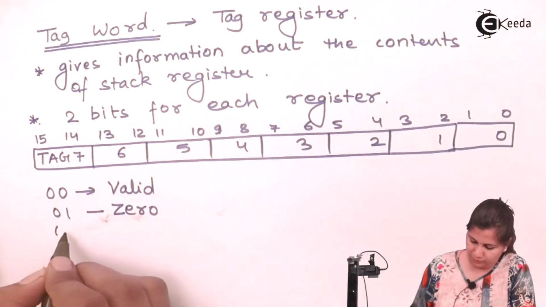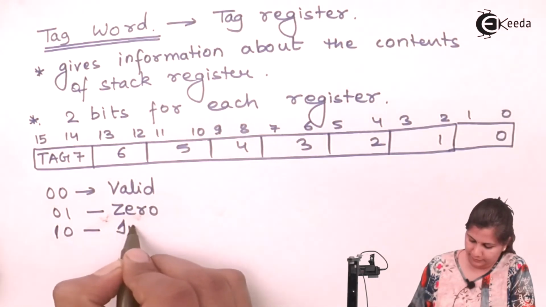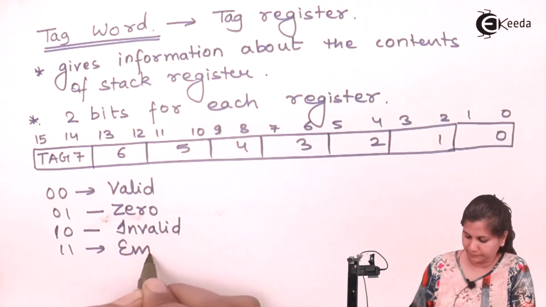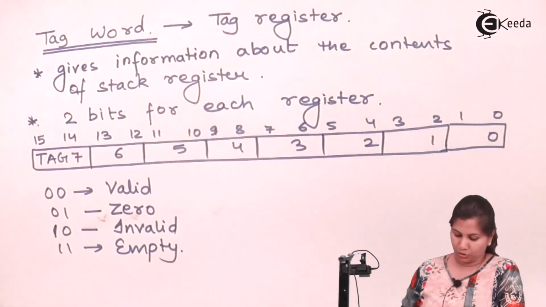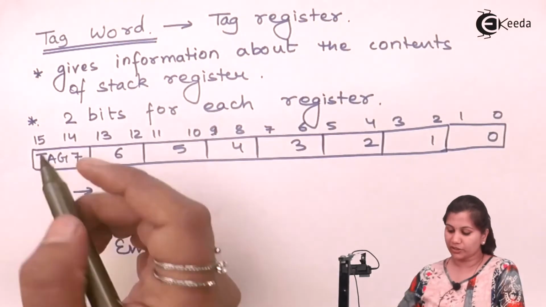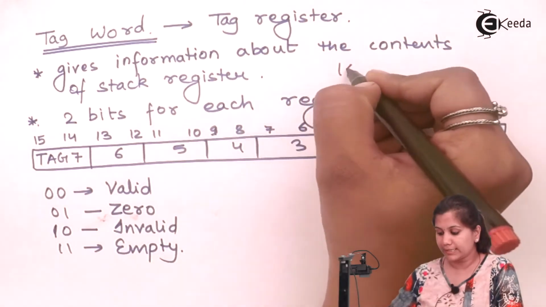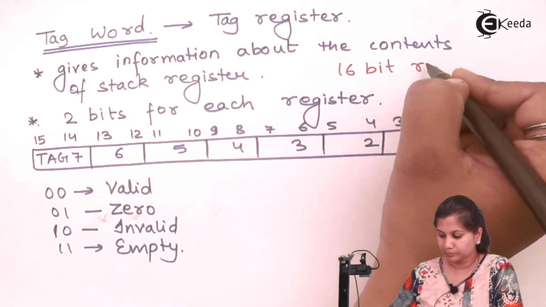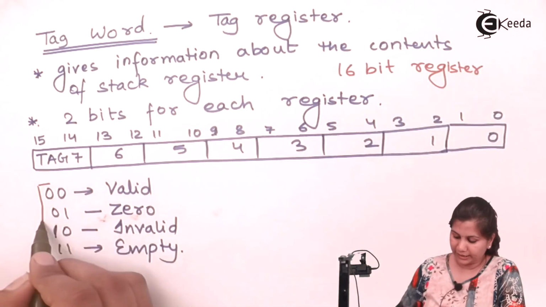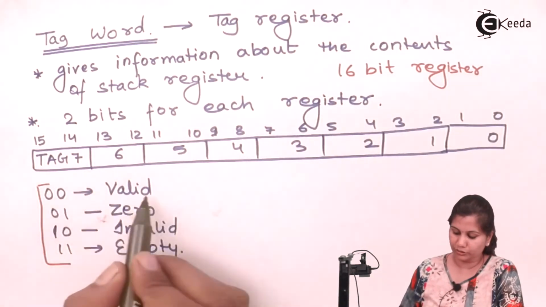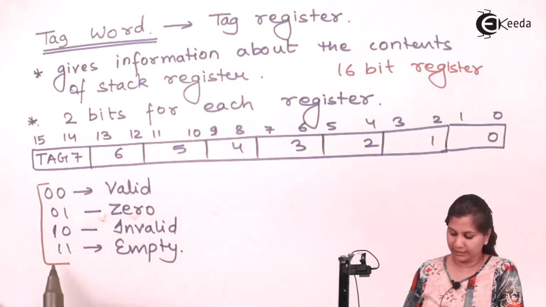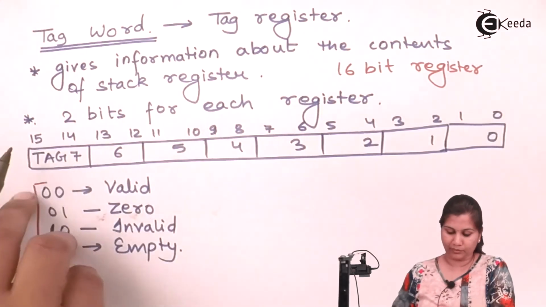Then 10 means invalid, and 11 means empty. So for every register, means 8 registers are there, for every register there are 2 bits, so it is a total 16-bit register. And tag values are like this. If the tag is 00, then valid; 01, zero; 10 means invalid; and 11 for empty.